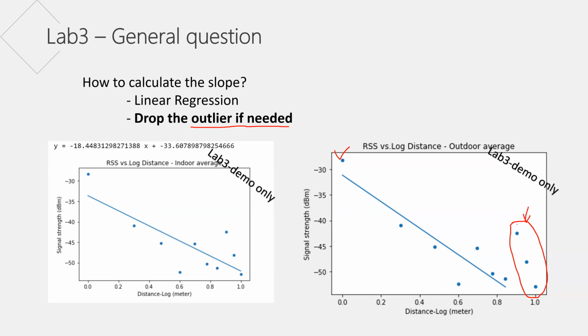But this is only my data set. Your data set may be perfect, and you may not need to drop any outlier. But if you have any outlier like this, you can drop them and make your slope better.